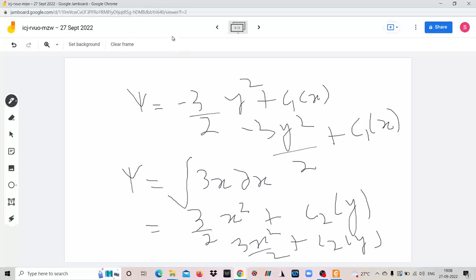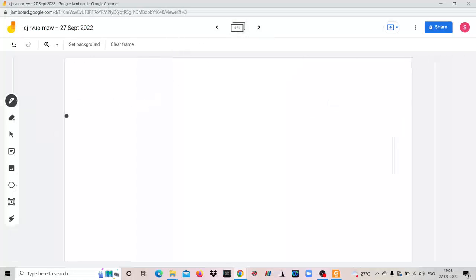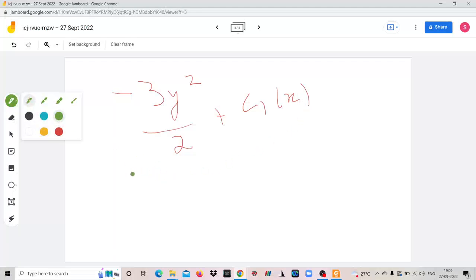So one expression gives the value of psi as minus of 3y square by 2 plus some function of x, and the other expression gives us the value of psi as 3x square by 2 plus c1y.